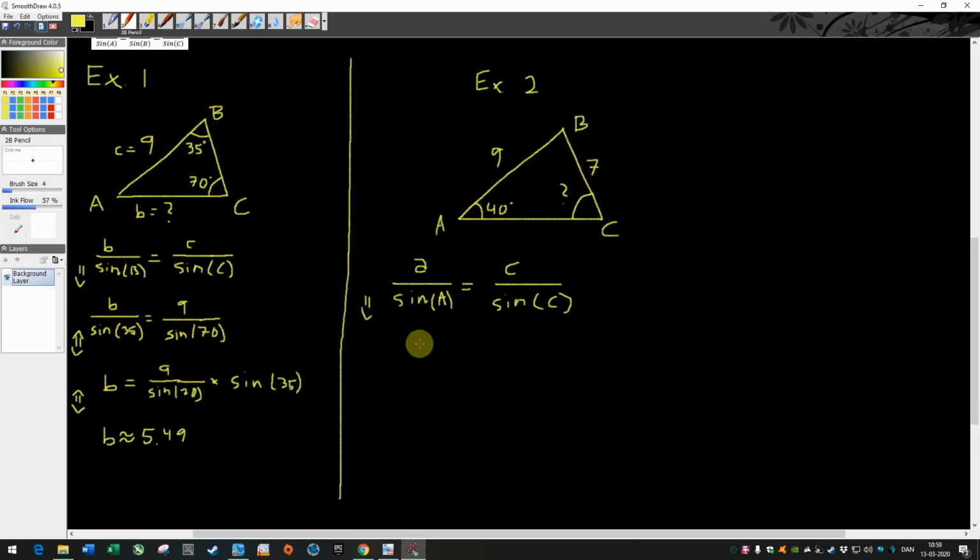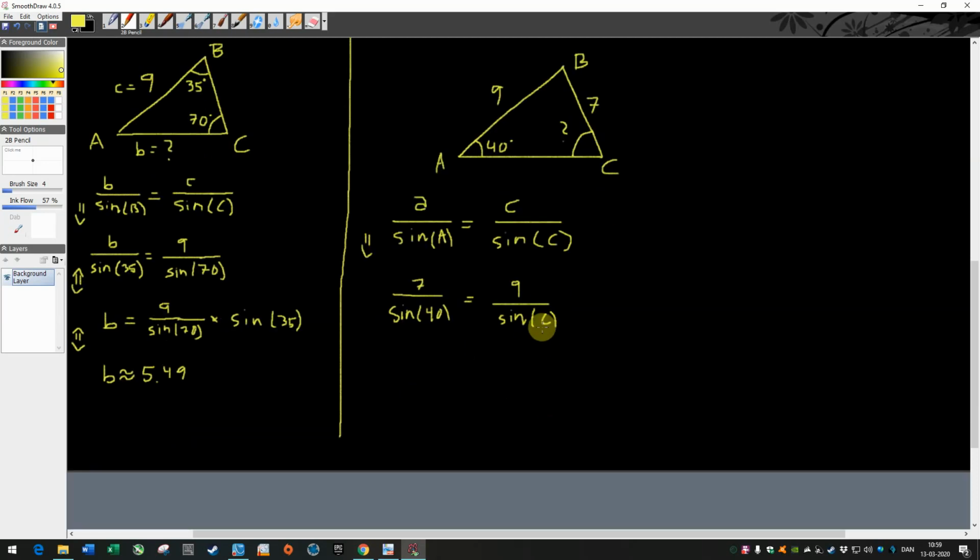So a, that was 7, and the angle A is 40, so you insert that into the formula like here. This is equal to c, which is a small c, which is 9, and the unknown angle which we have here is capital C. Now you want to make C the subject in this equation.